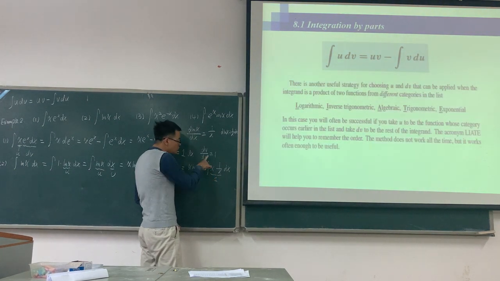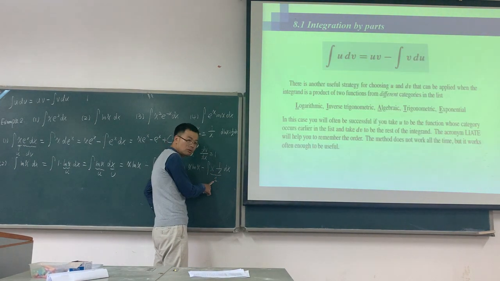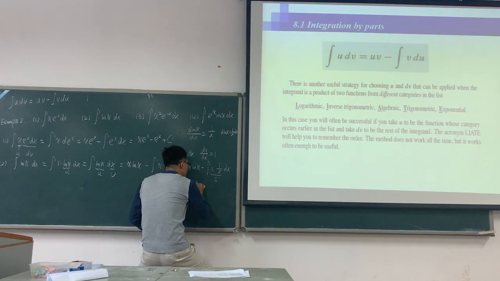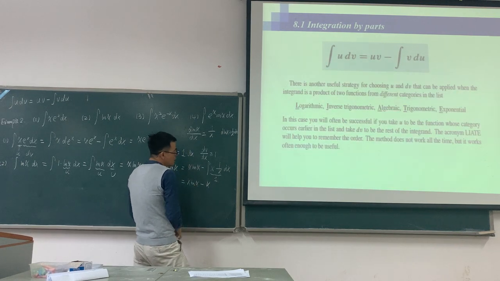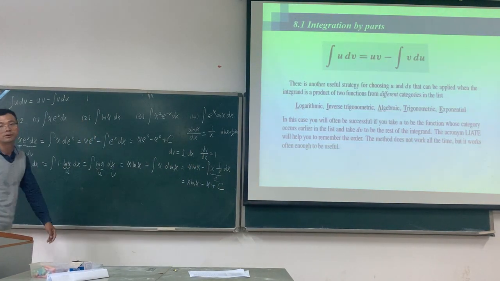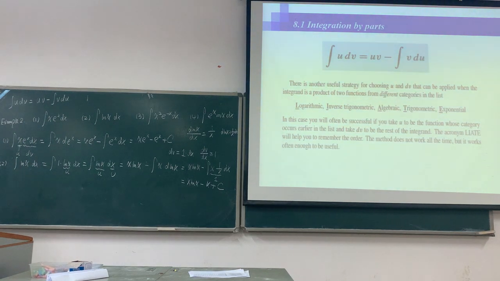So the antiderivative of 1 is x. The result is x ln x minus x. Do not forget the constant C, okay? So this is the result. Do you understand? Yes.